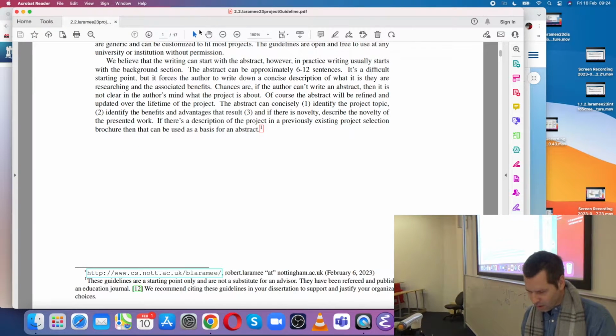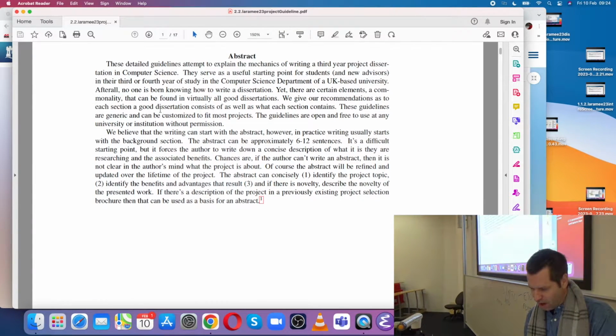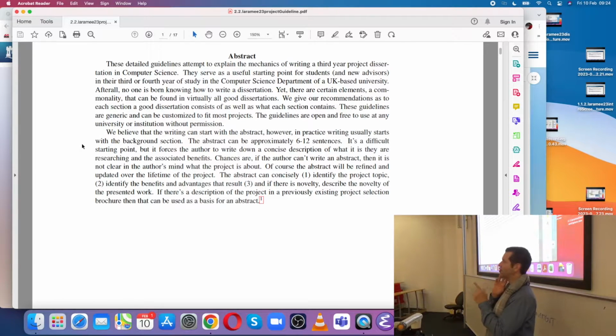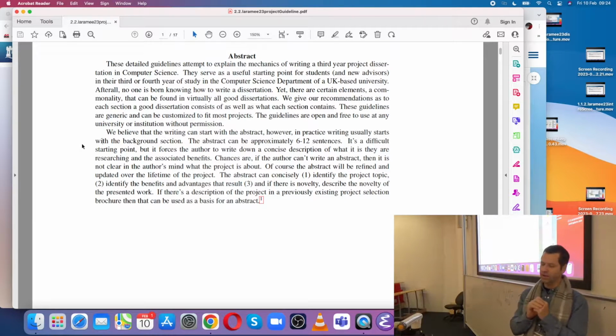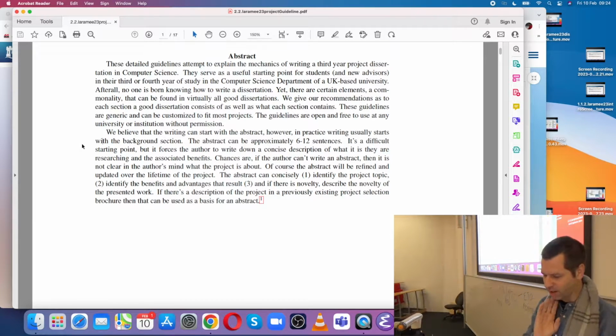Okay, so how would you write an abstract? We believe that writing can start with an abstract. However, in practice, writing usually starts with the background section. So that's the related work section. Usually your writing starts with the related work section, right? It can start with the abstract.